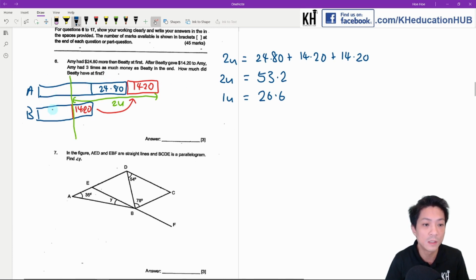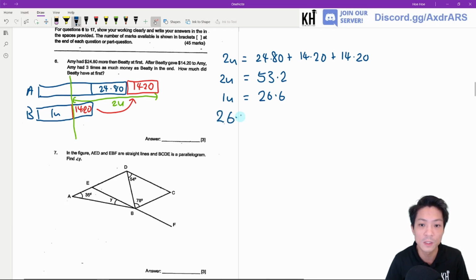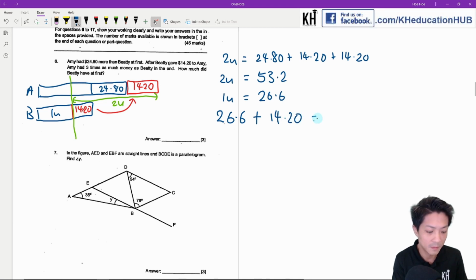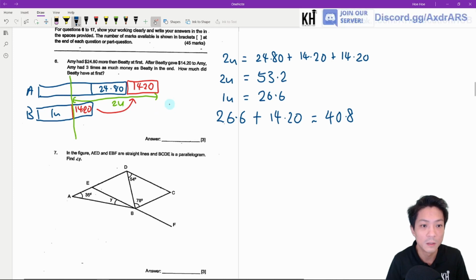Which means that this is the 1 unit. So what she has at first will be $26.60 plus $14.20. Okay, $40.80.